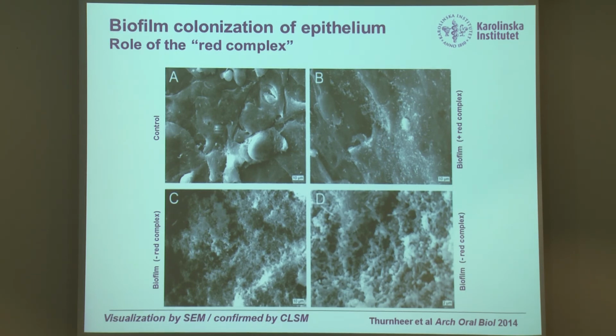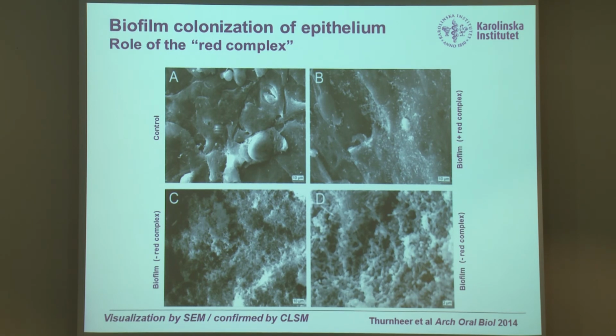So we generated a full biofilm of 10 species and a biofilm where the three red complex species had been removed, and we observed the colonization patterns. In the full control biofilm of 10 species, you can see bacteria colonizing the surface of the epithelium. When the three red complex species were taken away, you can see a dominance of bacteria on the surface. So there is a more pronounced colonization. When we take a closer look, we see that these are primarily coccoid cells, cocci, and we had basically streptococci in the biofilm. We confirmed by confocal laser scanning microscopy and also by culture methods that these were indeed streptococci and primarily Streptococcus oralis.